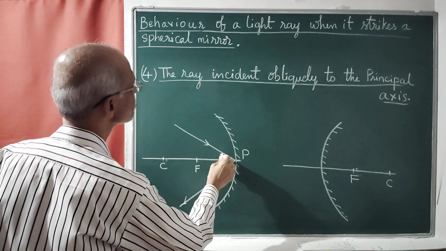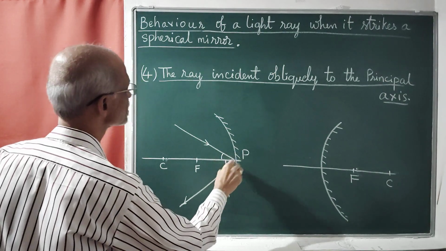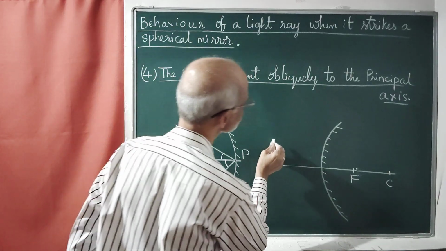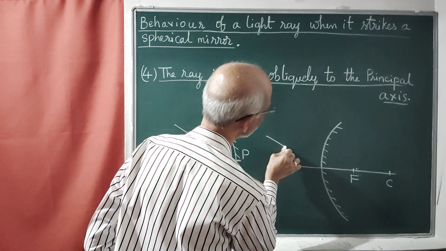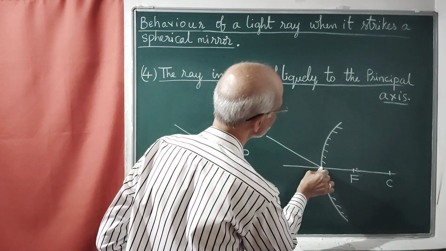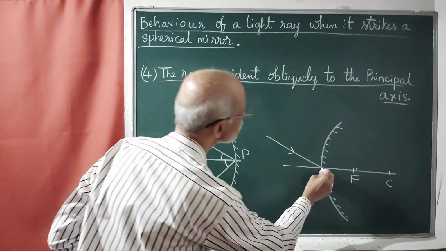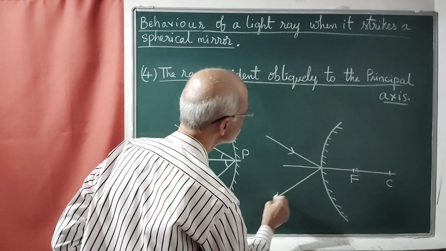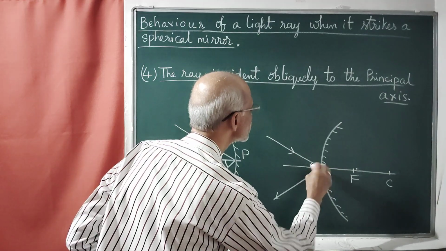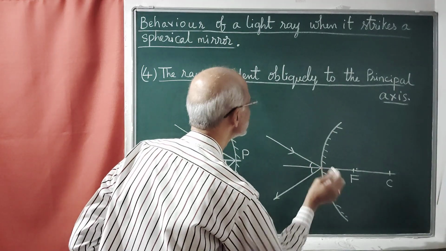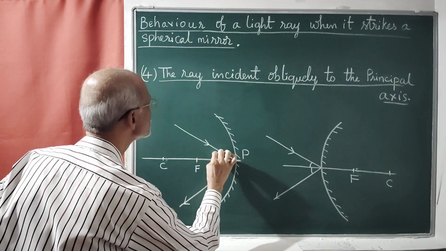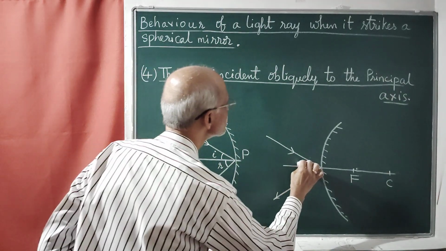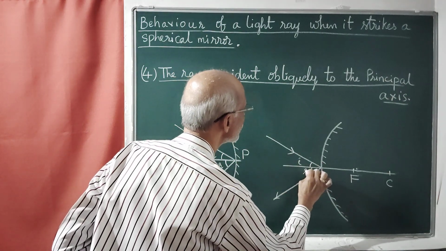Here also it will go along the same angle. This is the angle of incidence. This is the angle of reflection. They will be equal.